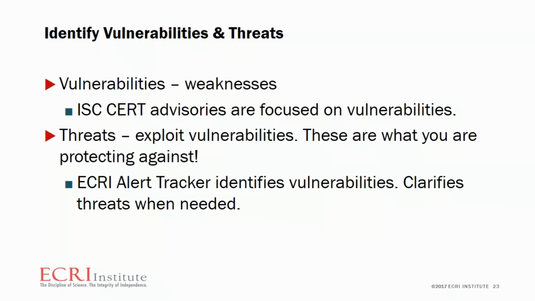Vulnerabilities are the how, and ICS CERT, which is one of the main sources for our advisories, is mostly focused on vulnerabilities. They may hint at threats, but in our ECRI alert tracker, as needed, we will clarify and pick out some that may be worthy of notice.